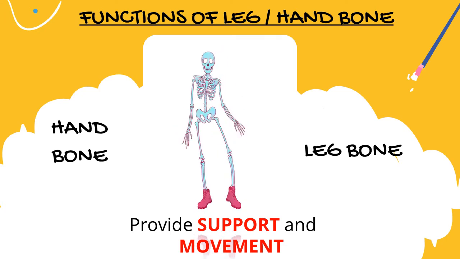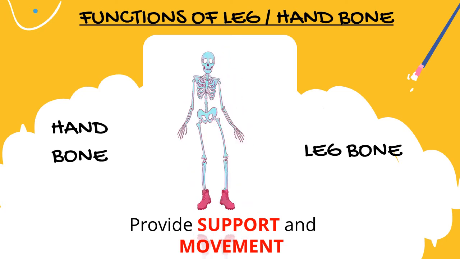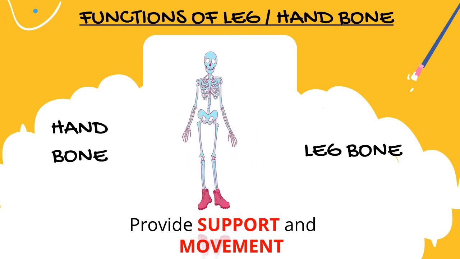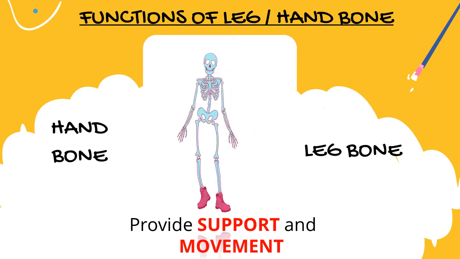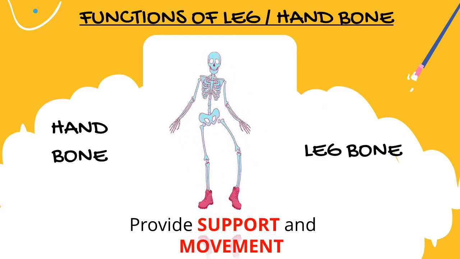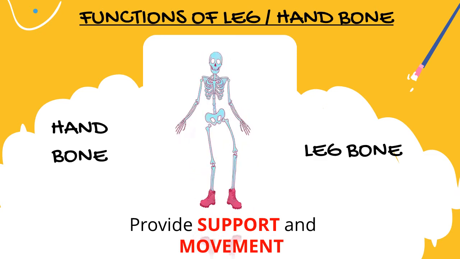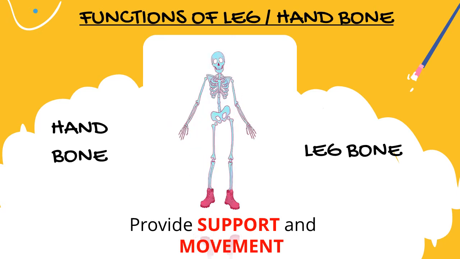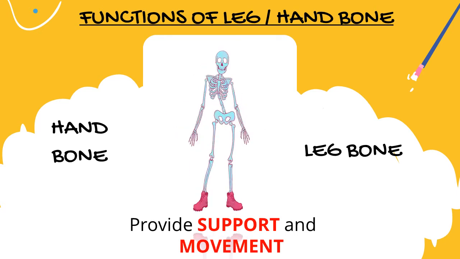These two skeletal systems support our body and allow us to move around. For example, we can run, we can jog around, and also have a brisk walk in the evening.